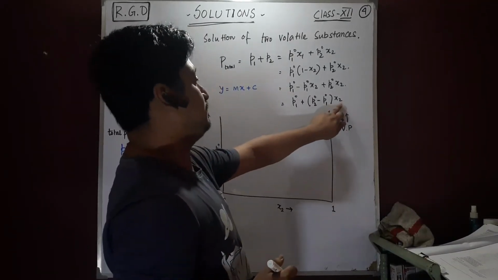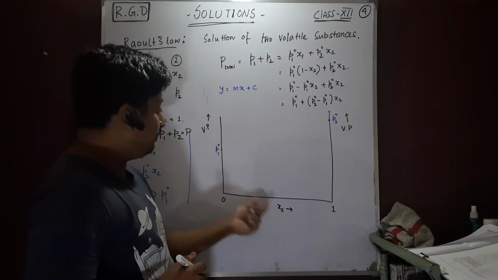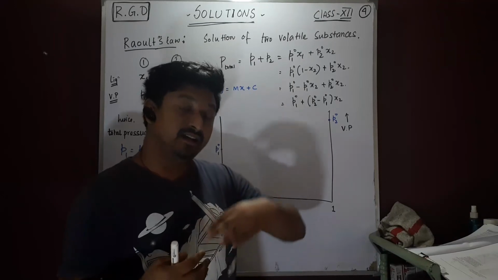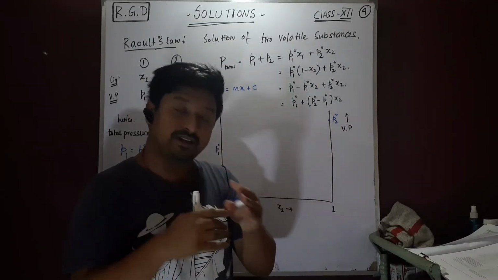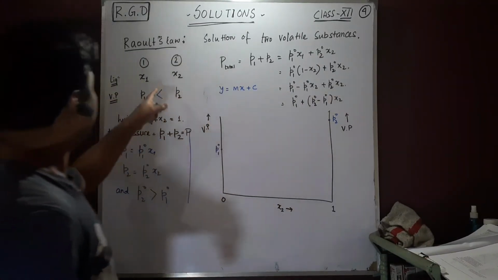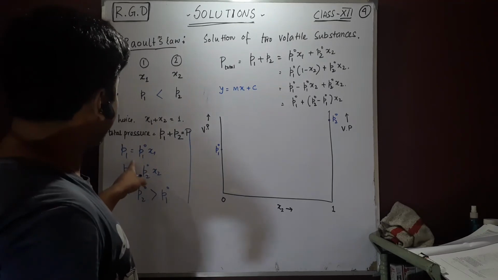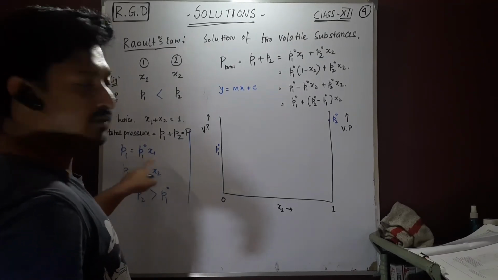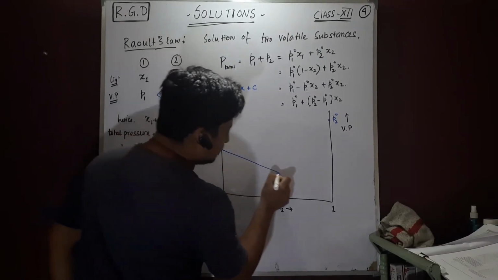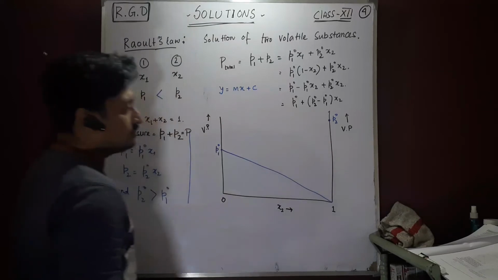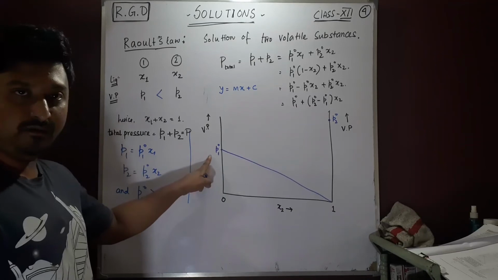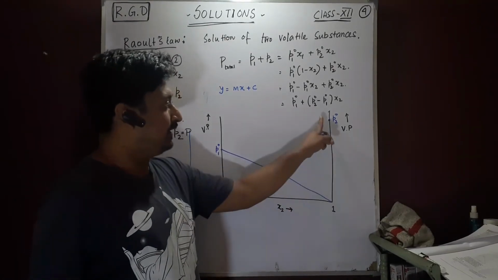If I increase this x2 value, the P1 value will decrease, because the more you increase one component, the other component concentration decreases, right? And the vapor pressure decreases, because vapor pressure is proportional to the mole fraction. So the P1 decay will be this. Similarly, at 0, this highest is P1 and at x2 equal to 1, it is P2.